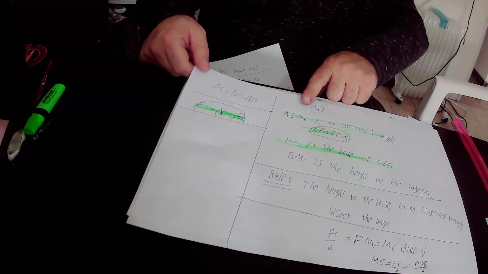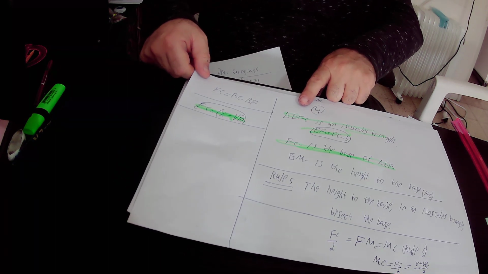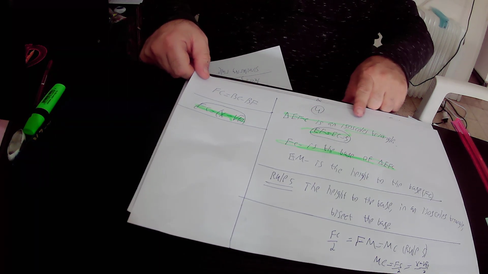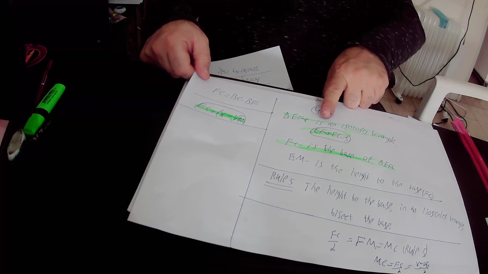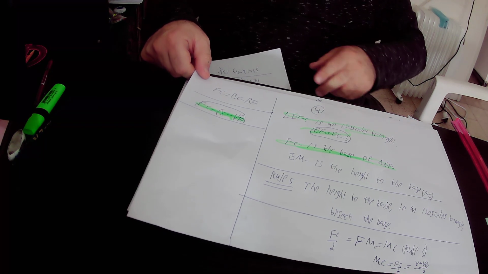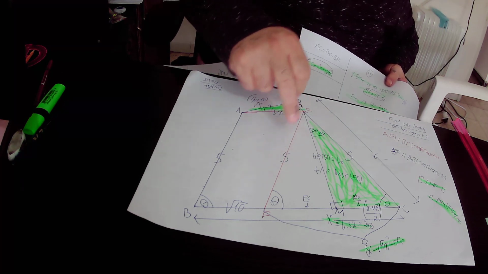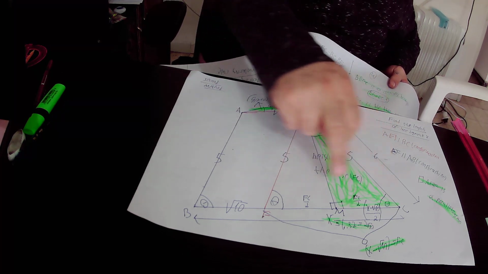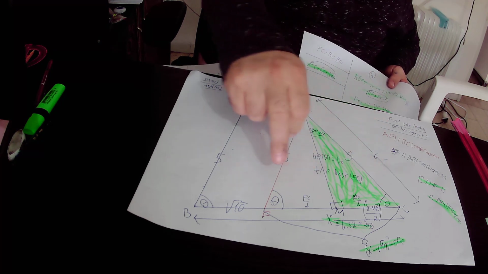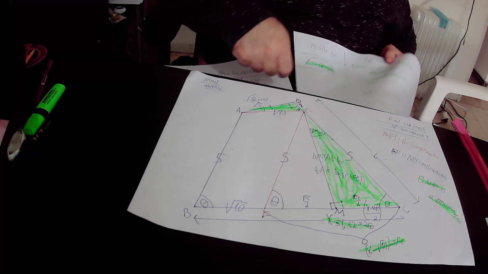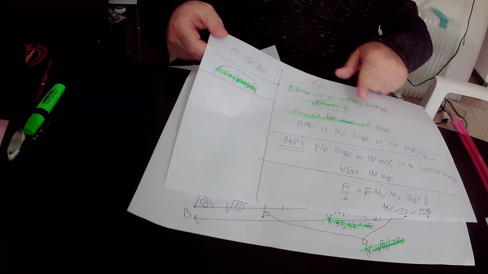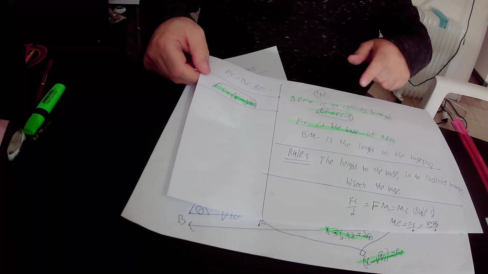And the base of the isosceles triangle EFC is FC, of course. FC is the base of the isosceles triangle FEC.